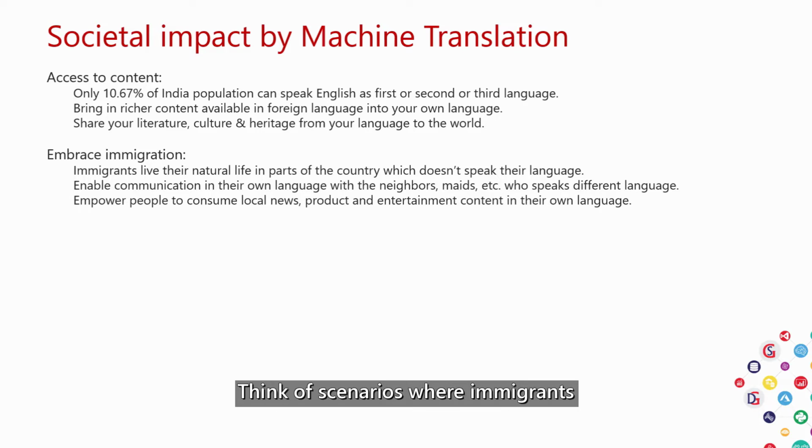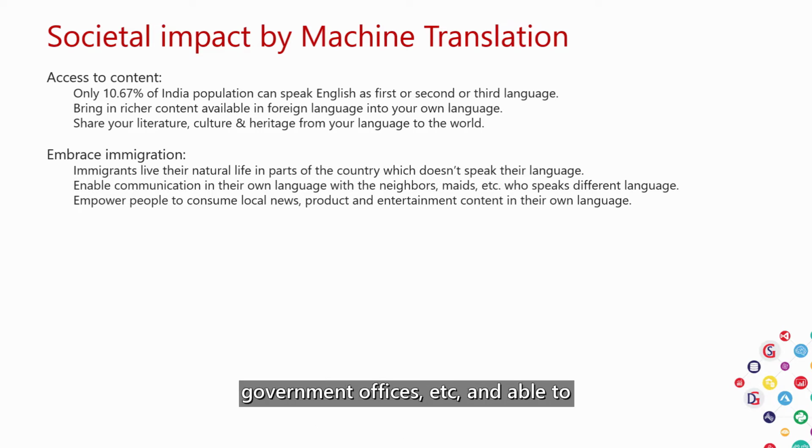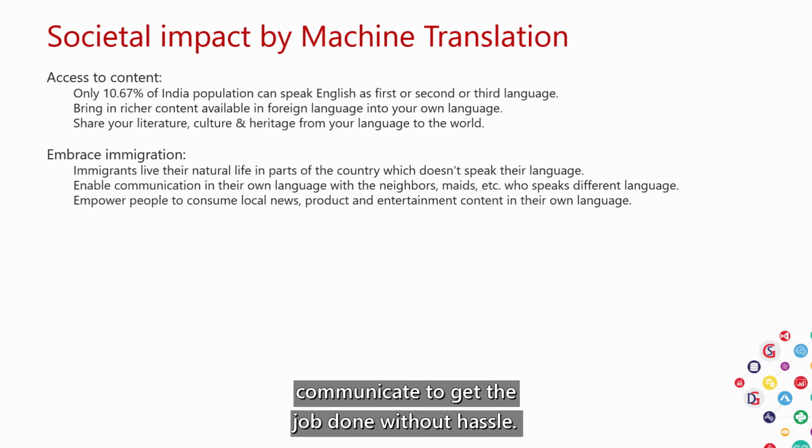Think of scenarios where immigrants visiting hospitals, service providers, government offices, etc., and able to communicate to get their job done without hassle. It enables immigrants to communicate in their own language with their neighbors, mates, colleagues, etc., who speak a different language. It empowers people to consume local news, content, products, and entertainment content in their own language.